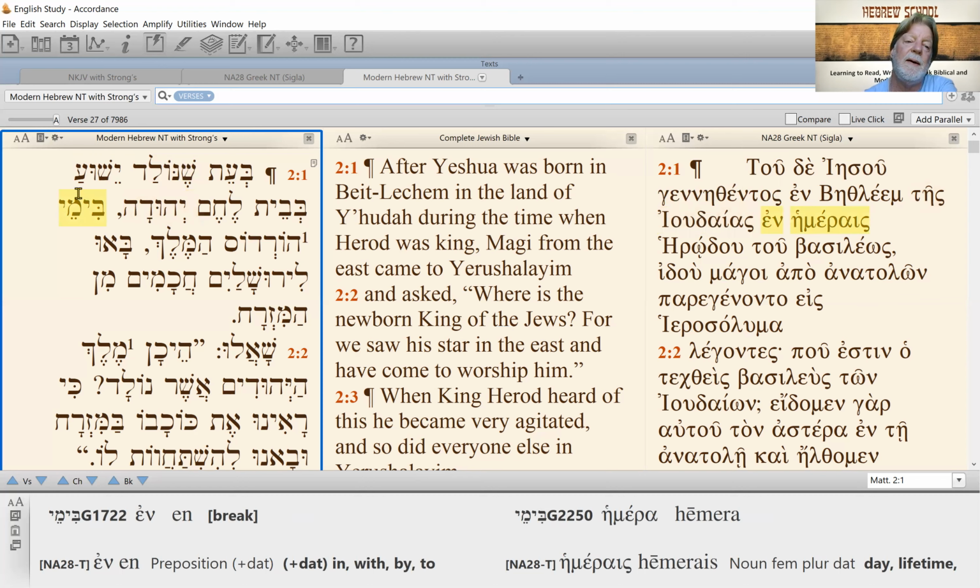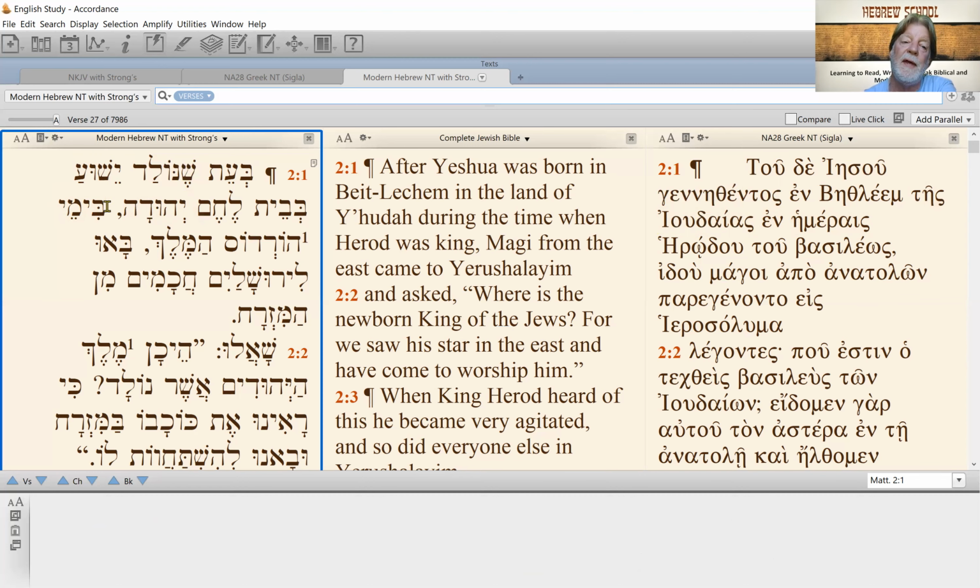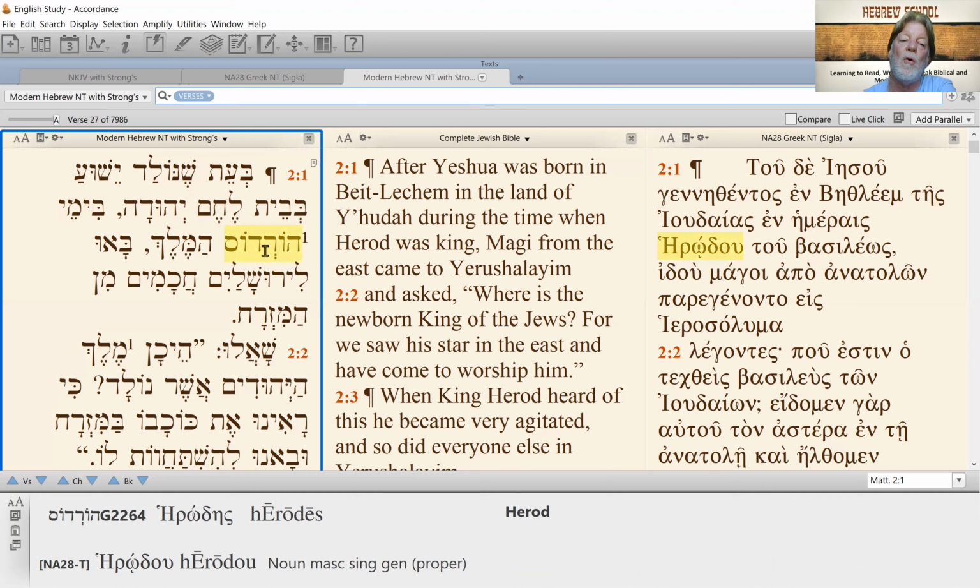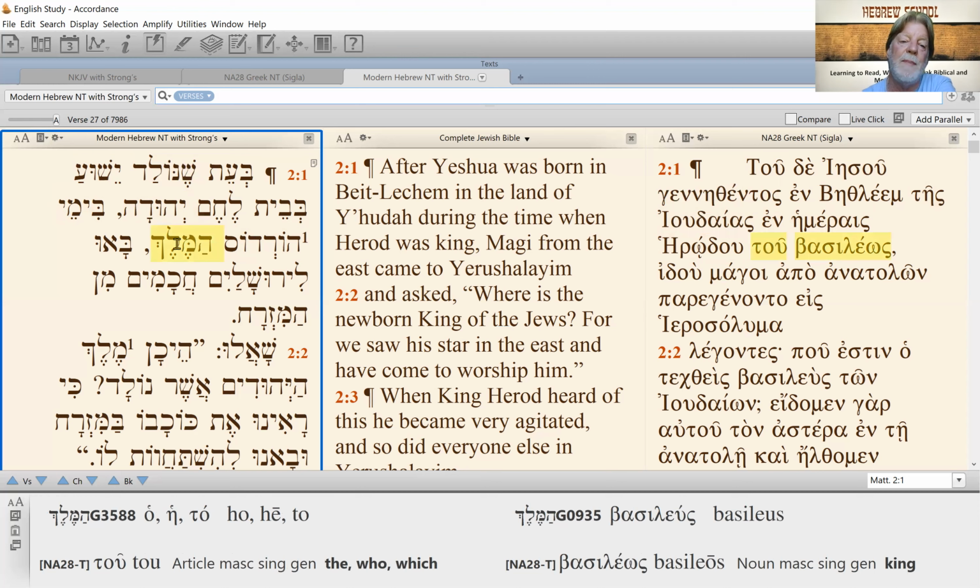Bimei, Yamei, Yom is the Hebrew word for day. In this case, day is plural. So here's our prepositional prefix, bet. In the days of Herod, Hordos is Herod Hamelech, the king.